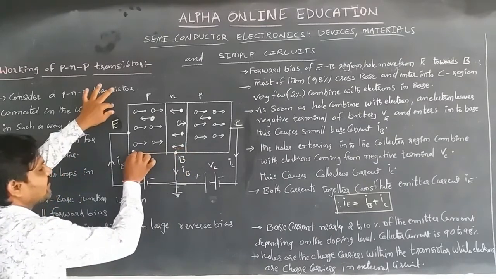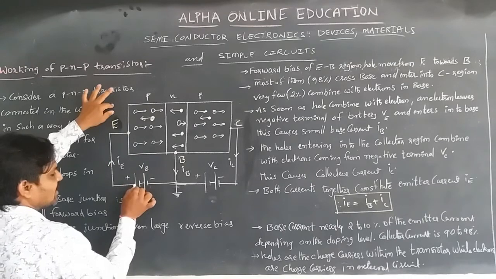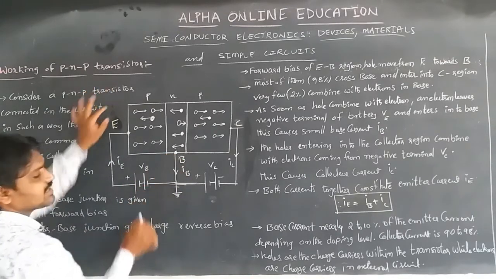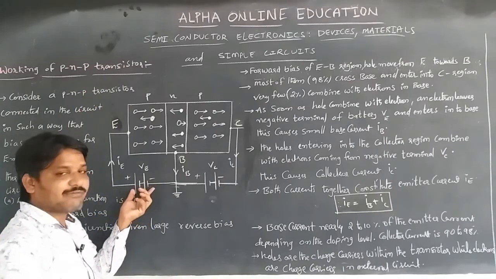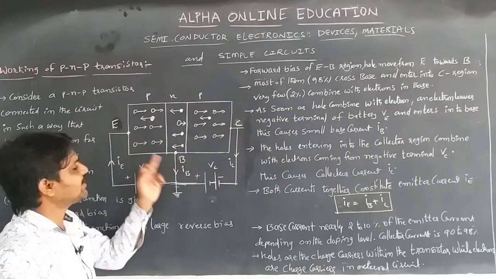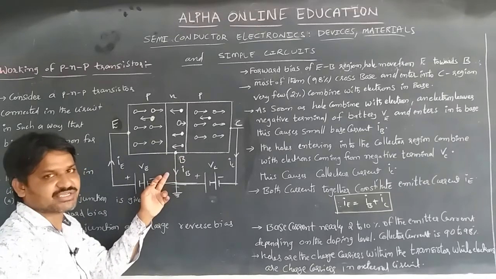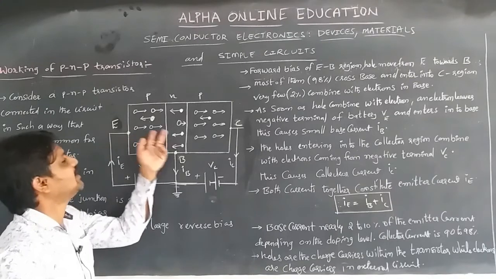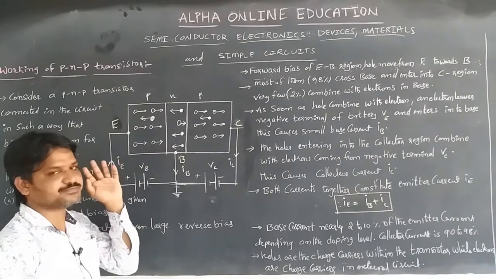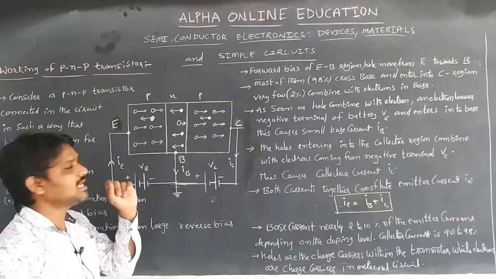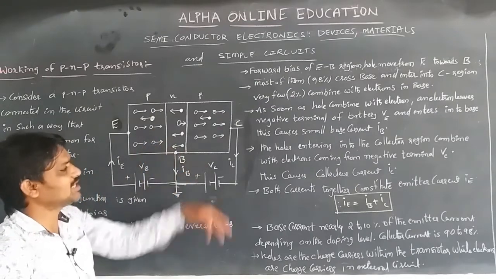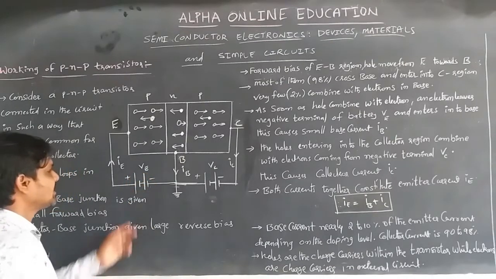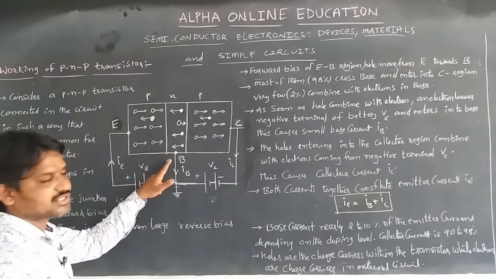Whenever the P type material is connected to the positive terminal of the battery, and the N type material is connected to the negative terminal, it is forward biased. With the small forward bias given to the emitter-base region, the emitter can emit holes from the P type material, and the base can transfer them into the collector.